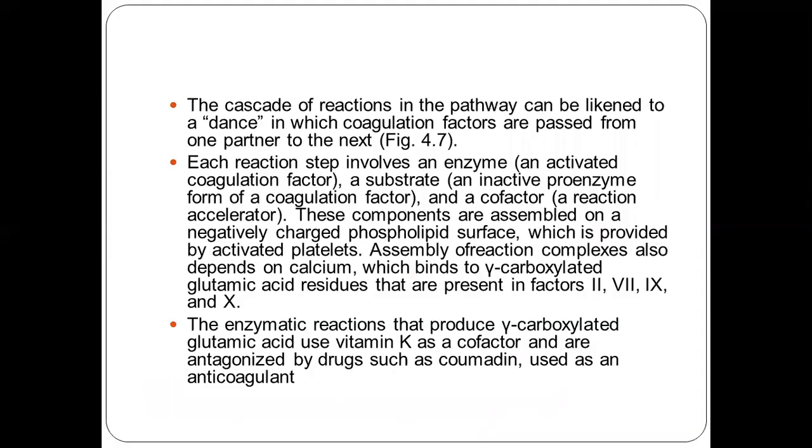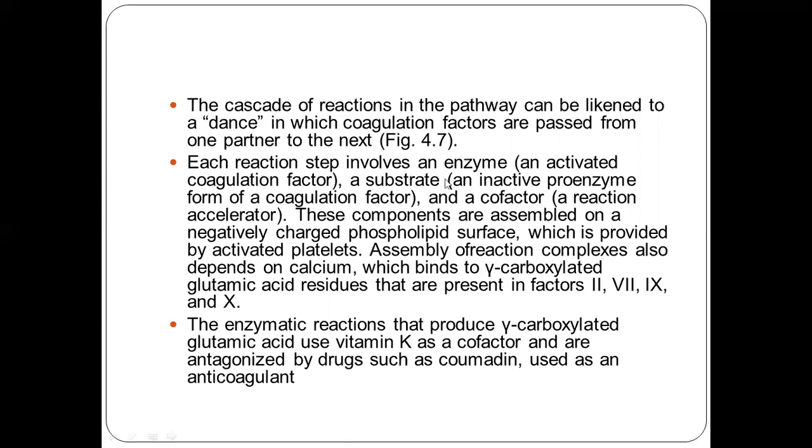So let's discuss. The cascade of reactions in the pathways can be likened to a dance in which coagulation factors are passed from one partner to the next. Each reaction step involves an enzyme or activated coagulation factor, a substrate, an inactive proenzyme form of a coagulation factor, and a cofactor or reaction accelerator.